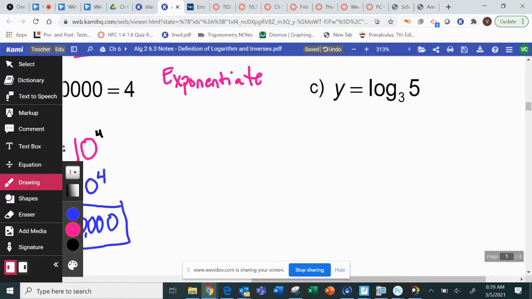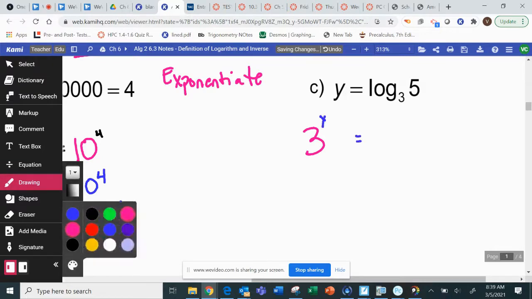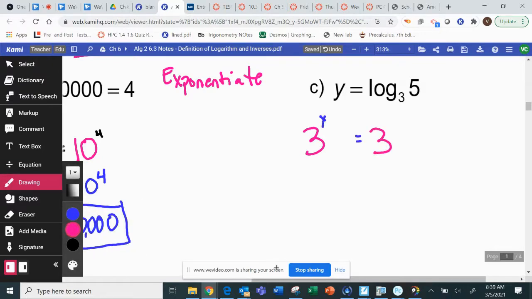So when I read this, I'm going to read log base 3 of 5. Did you hear me say the word base in there? So what should my base be? 3. Yeah, it should be the tiny little guy. So I'm going to put 3 to the y equals 3 to the log base 3 of 5.